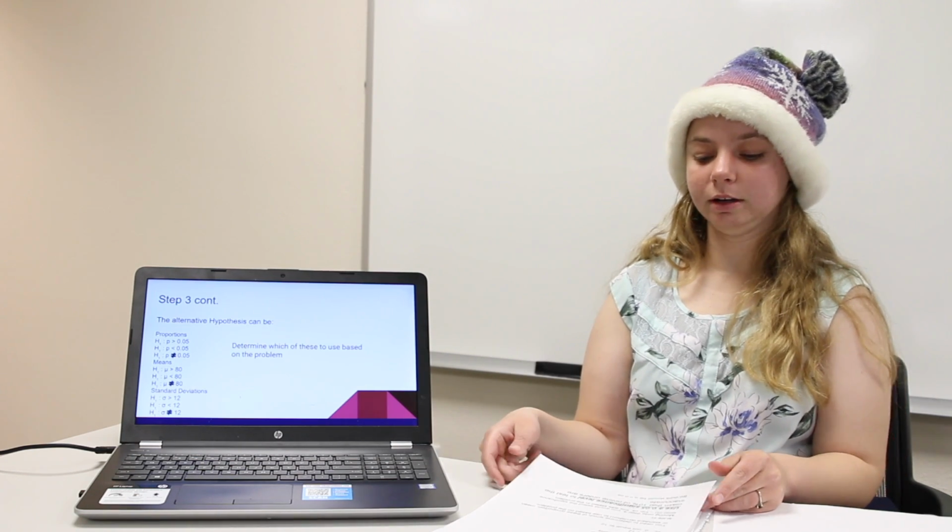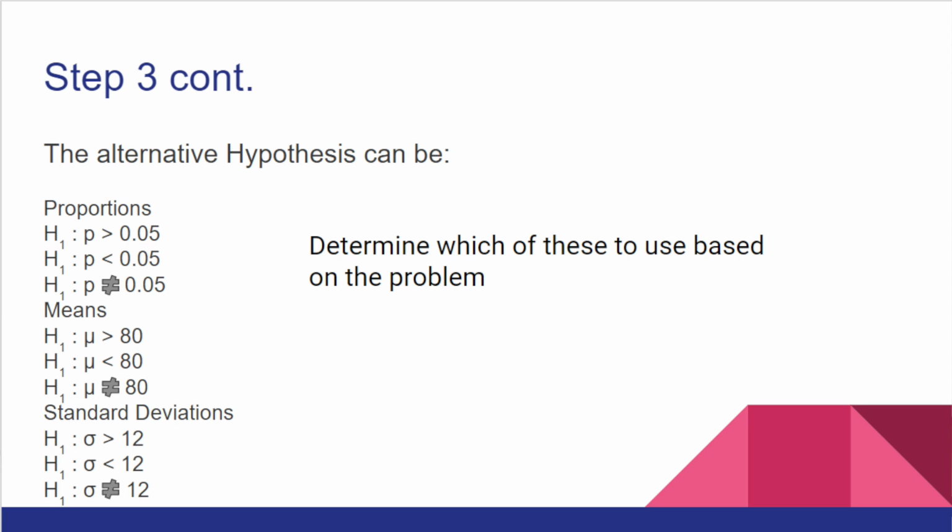Continuing on with step 3, the alternative hypothesis can be greater than, less than, or not equal to. Examples would be, for proportions, H1: p greater than 0.05, H1: p less than 0.05, and H1: p not equal to 0.05.